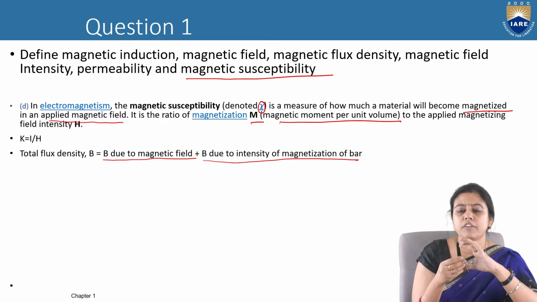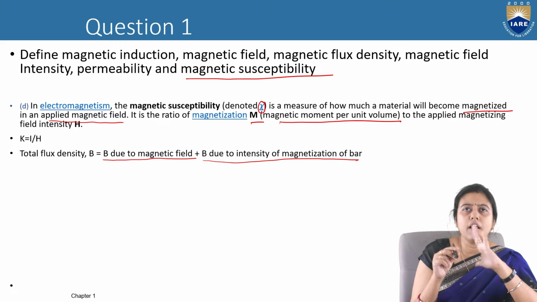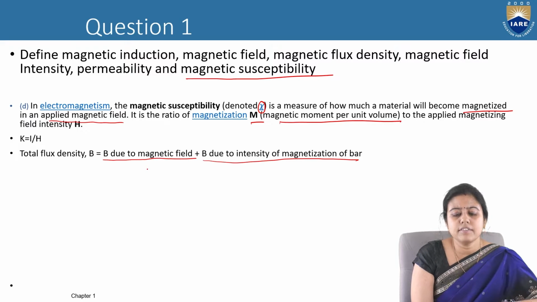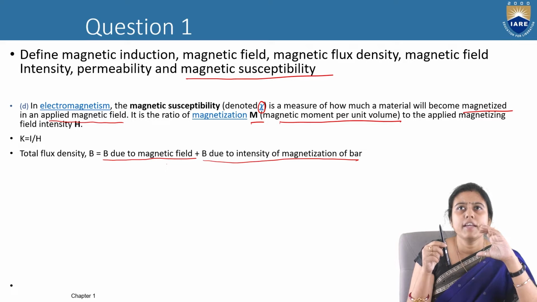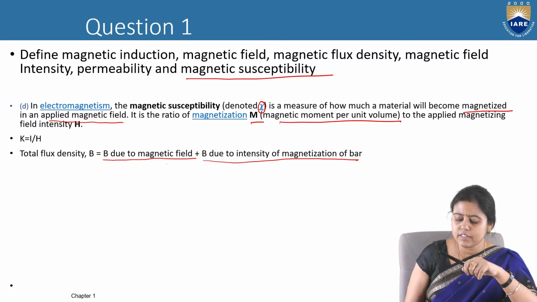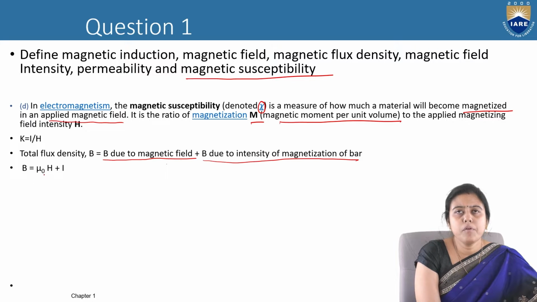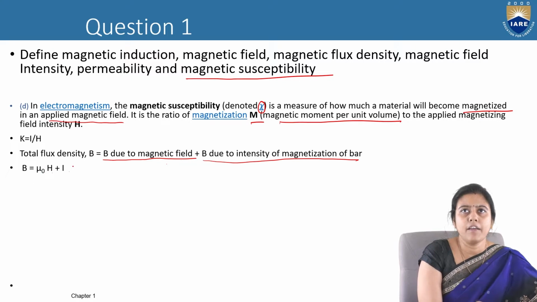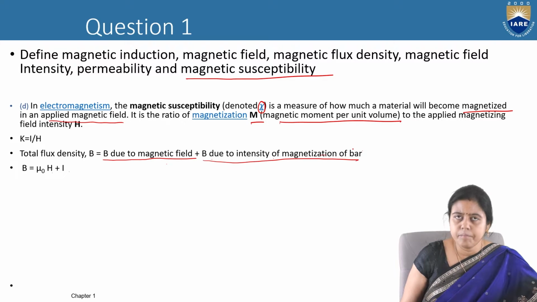We have induced magnetism on the iron bar. So what is the total flux density? Flux density due to the magnetic field as well as due to the intensity of magnetization of the bar. So B is equal to mu naught H plus I. What is I? Due to the magnetization of the bar.